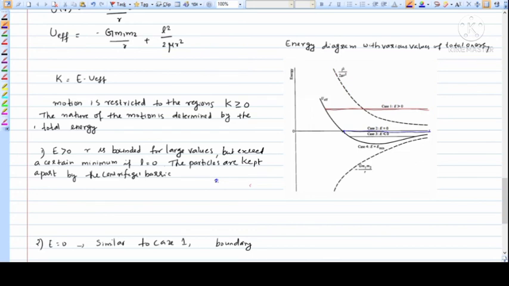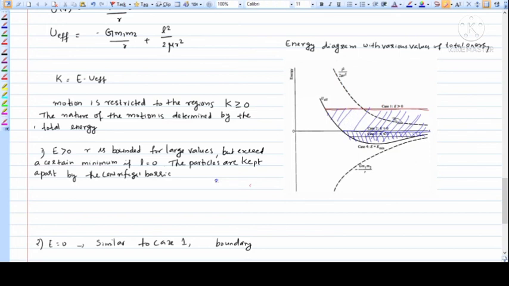The motion is restricted to a small area, the same as case 1. In case 1, the particles can move all over this area.